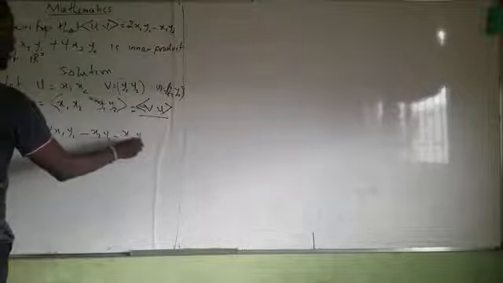Now we can also see that my <U, V> will be equal to 2x1y1 minus x2y1 minus x1y2 plus 4x2y2. Now you can see that if I have it in the form of <V, U>, it is the same thing: 2y1x1 minus y2x1 minus y1x2 plus 4y2x2.